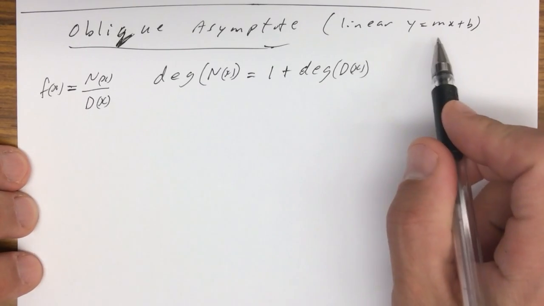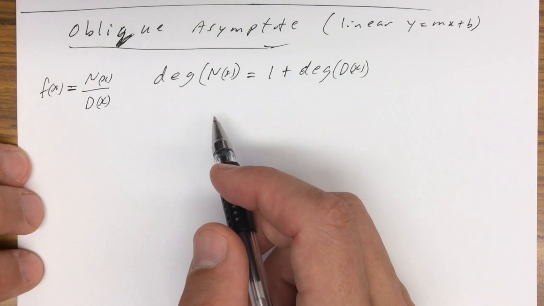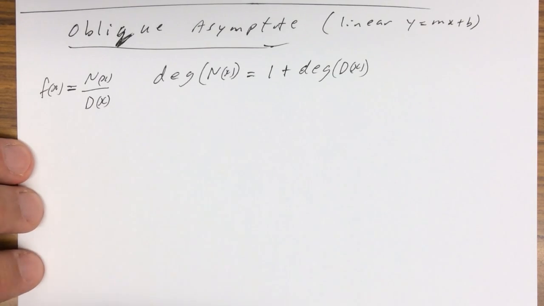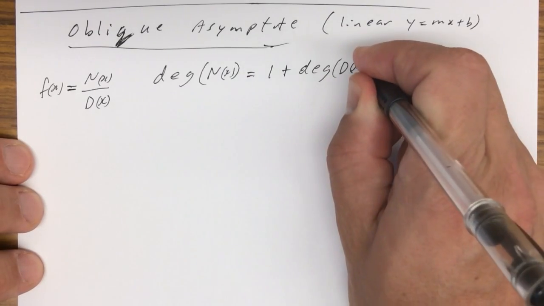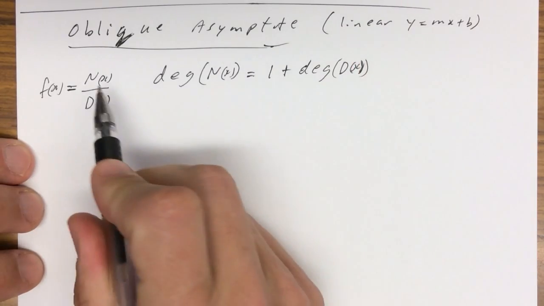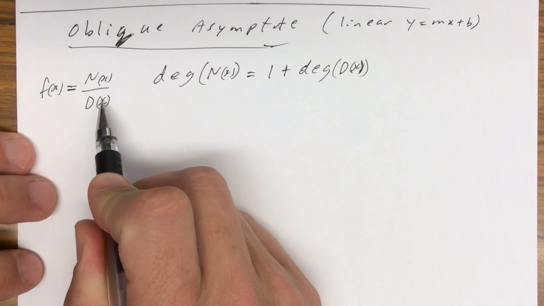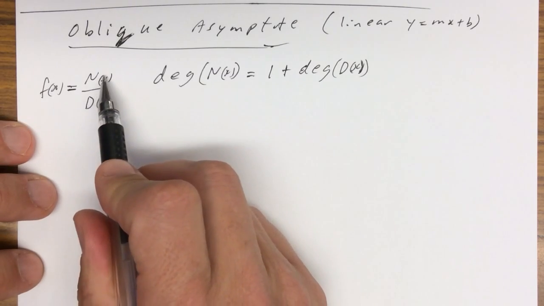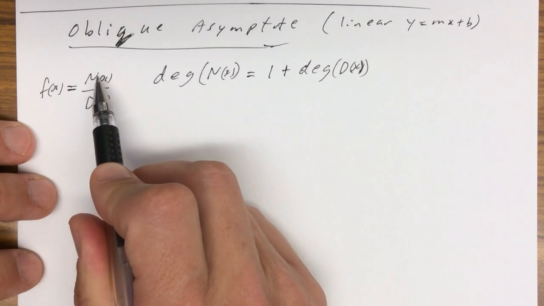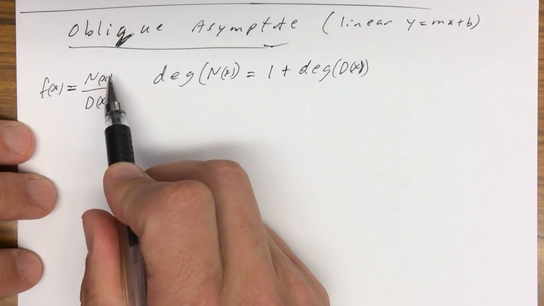So to have something like this, the function tends towards a line as x goes to infinity or negative infinity. So this is end behavior again. This is a simple case where the degree of the top polynomial is 1 more than the degree of the bottom. When you divide these two, the answer is going to be linear.